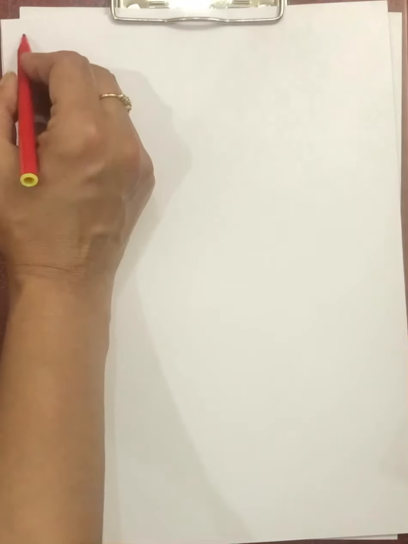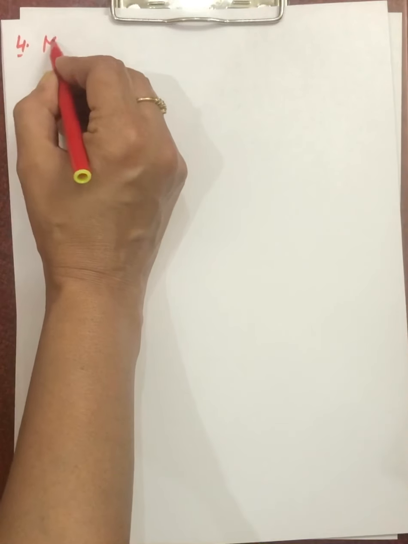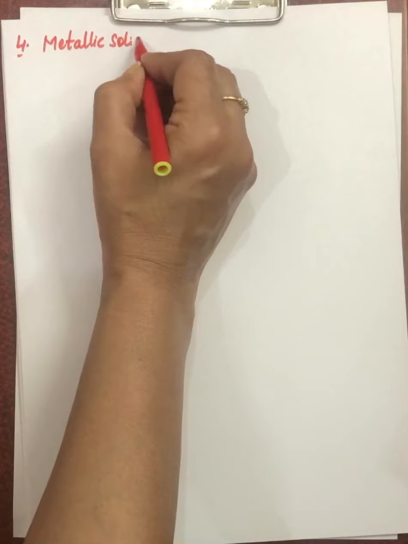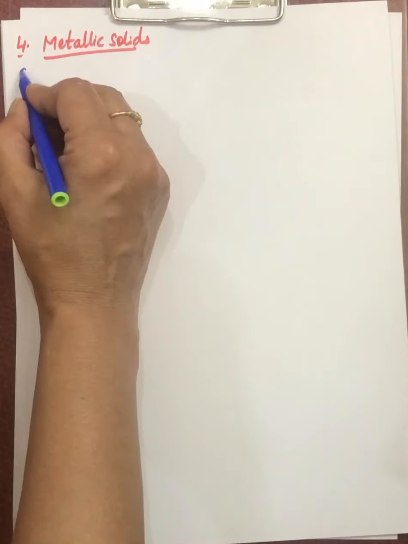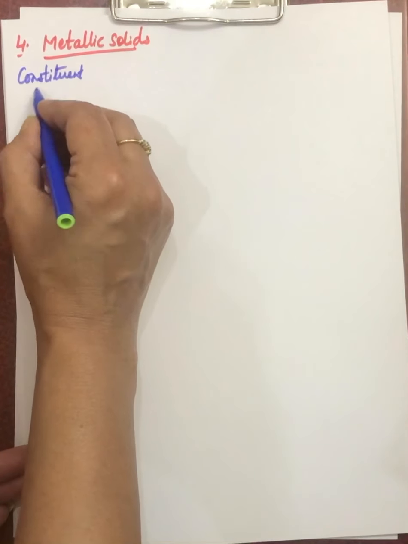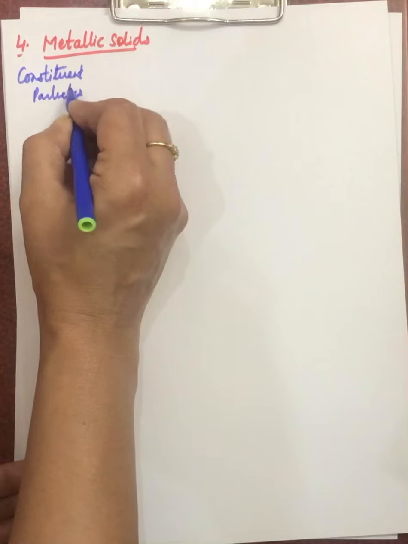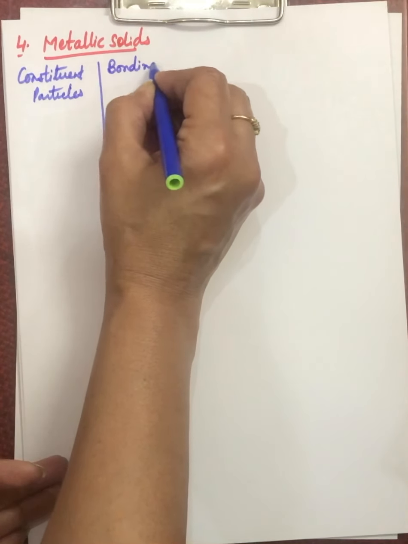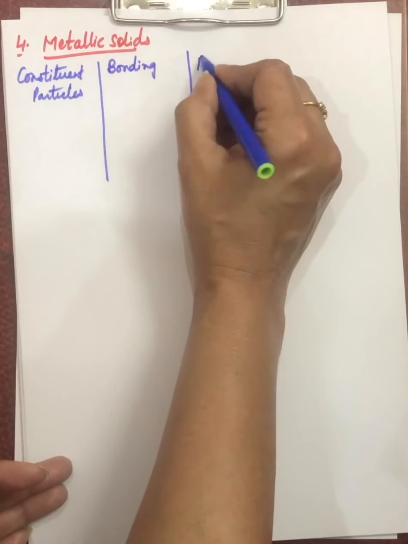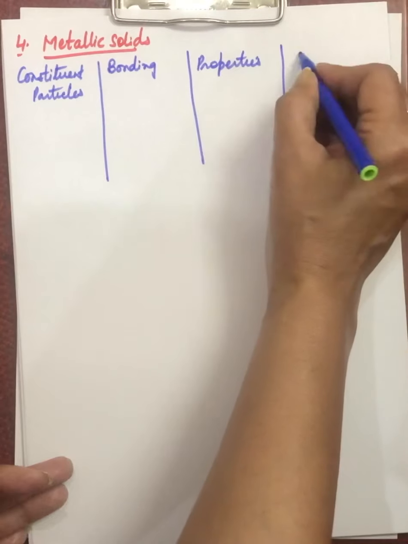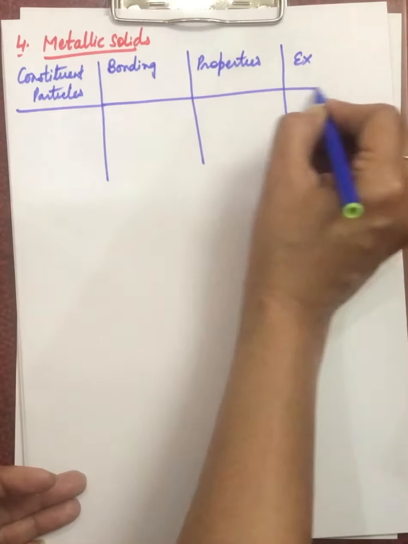Now, the fourth type of crystalline solid is metallic solids. In metallic solids, the constituent particles, then the bonding or attractive forces in them, properties of metallic solids, and examples.